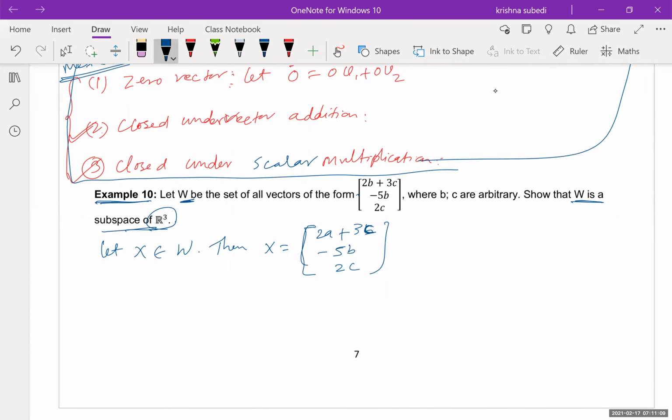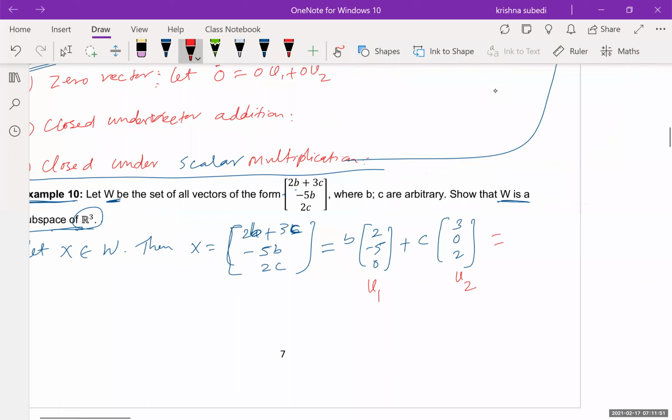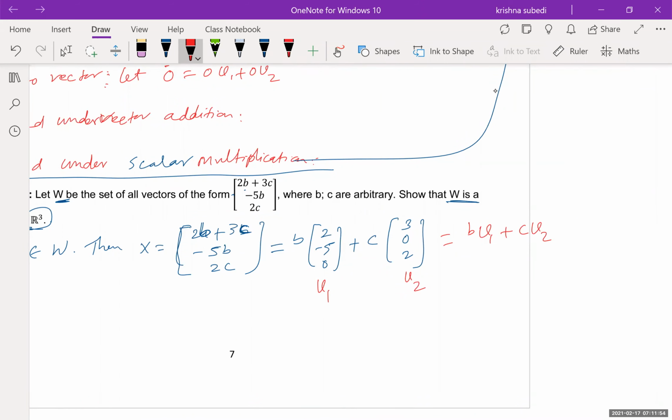So I can write this as B times the vector 2, minus 5, 0, plus C times the vector 3, 0, 2. If this is my vector v1 and this is my v2, then I can write this as b v1 plus c v2.